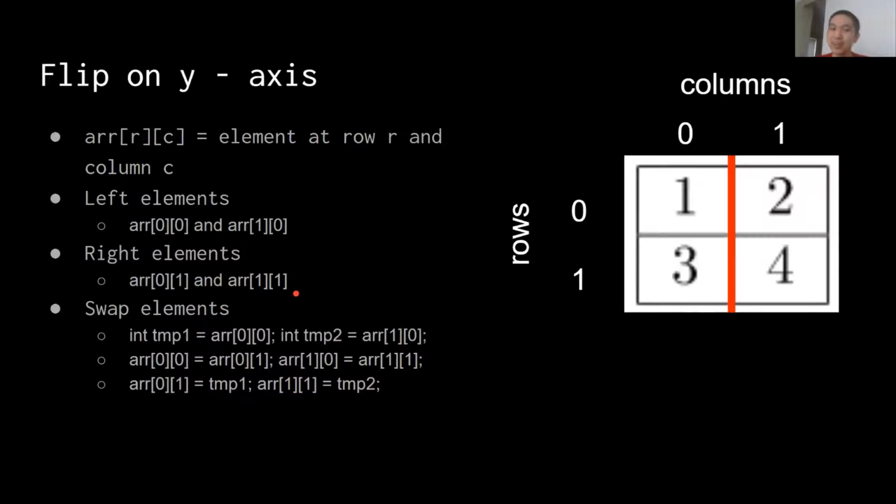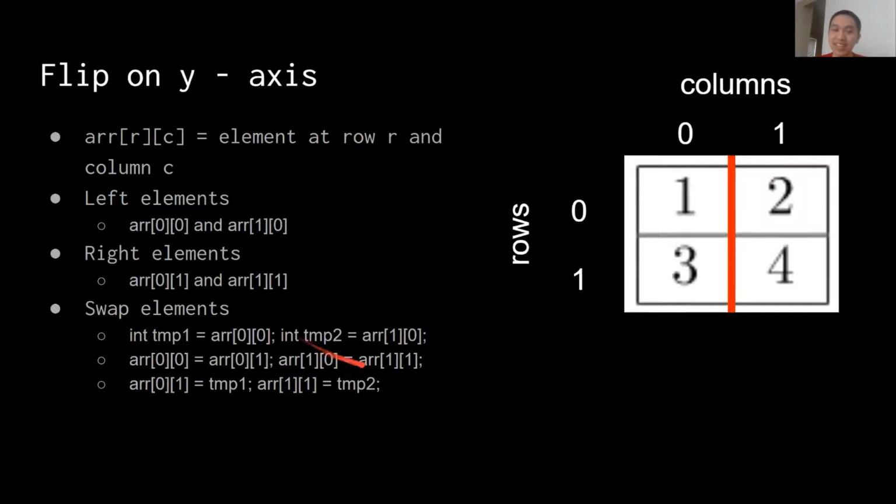And similarly, you can flip on the y-axis. All you have to know is the left elements are 0, 0 and 1, 0, because row before column. And the right elements are 0, 1 and 1, 1. How do you swap them? You store these in temporary variables. You move the right ones to the left, and then the temporary variables to the right.